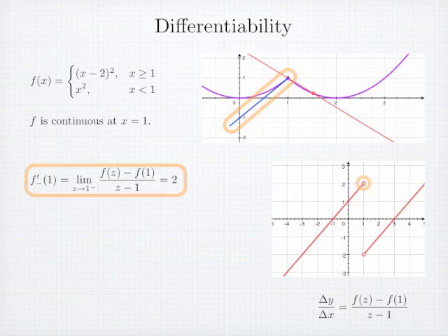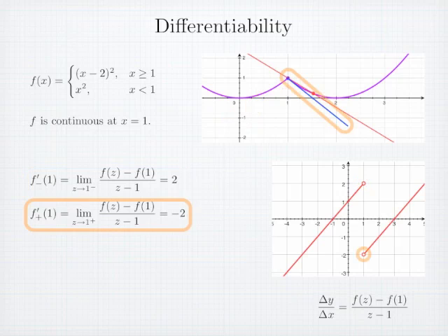So if I were to calculate the derivative on the left, which I've illustrated with a tangent line that's coming from my point to the left, that tangent line has a slope of 2. This corresponds to the fact that the slope of my secant line has a limit of 2 as z approaches 1 from the left. And so we say we have a left derivative with a value of 2.